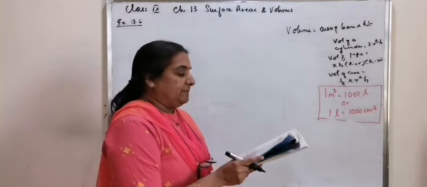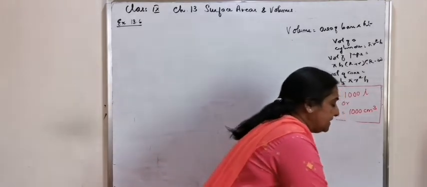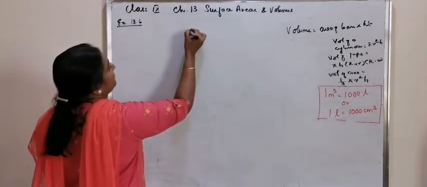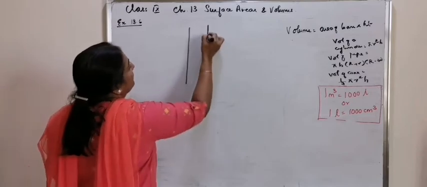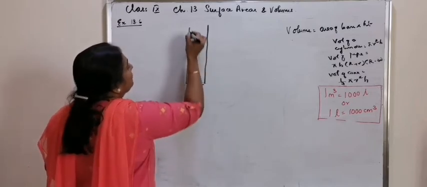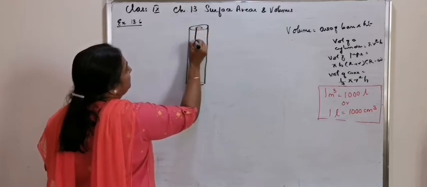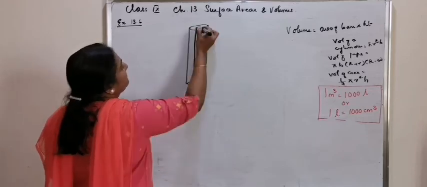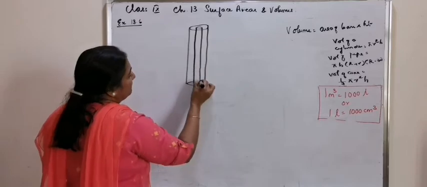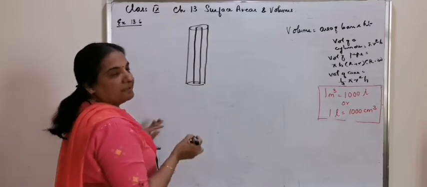So, a lead pencil is a thick cylinder of wood with the graphite portion. The diameters are given to you.